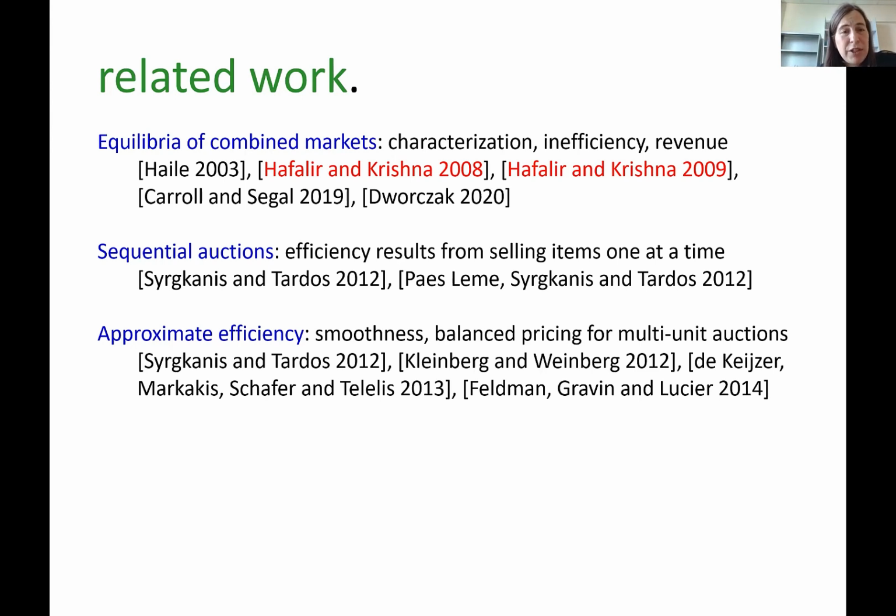Most relevant to this talk are the two papers of Hafalir and Krishna. The first paper, in 2008 in AER, I believe, looked at a very simple setting with a single unit for sale, a single item auction.